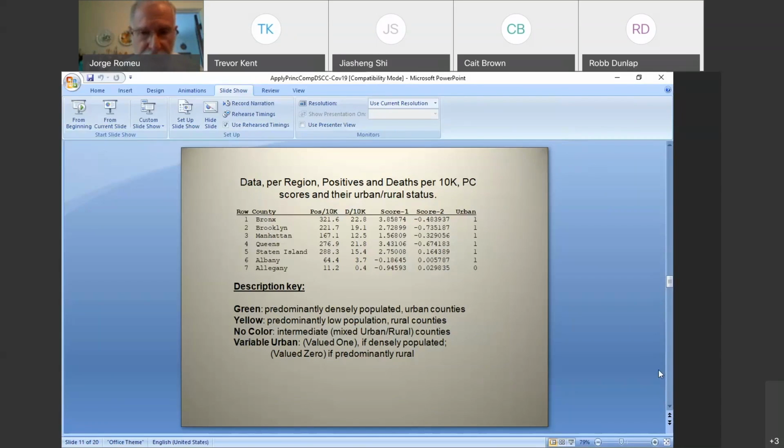The paper is on the website of the conference, and you can find that the counties and regions corresponding to New York City, which have a very large number of positives and deaths, have very high scores to the right, and lower regions like Allegheny, which have a very low number of positives and deaths per 10,000 inhabitants, have a totally different position in the graph.